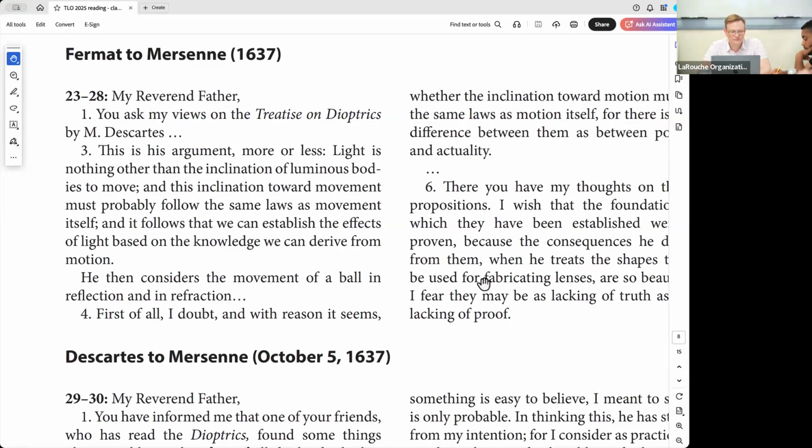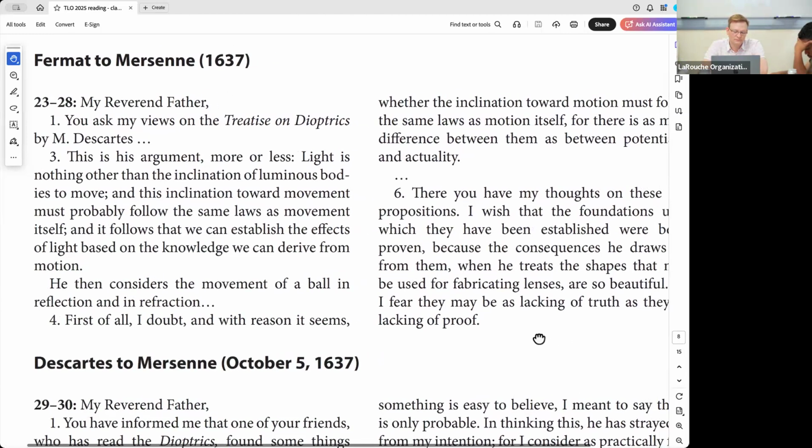You asked my views on the treatise of dioptrics by Descartes. This is his argument, more or less. Light is nothing other than the inclination of luminous bodies to move, and this inclination toward movement must probably follow the same laws as movement itself. And it follows that we can establish the effects of light based on the knowledge we can derive from motion. He then considers the movement of a ball in reflection and in refraction.